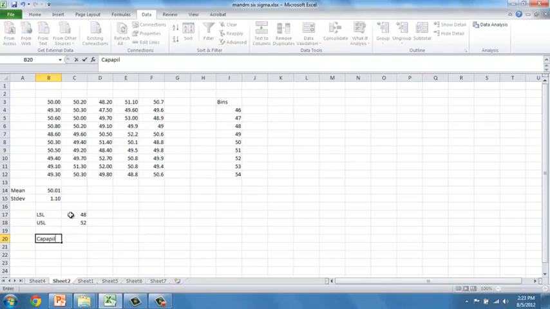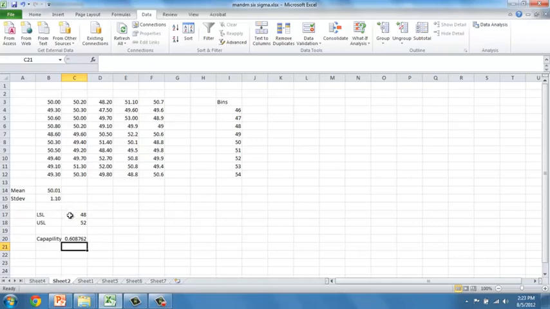The capability score, also known as the CP score, looks at the ratio between the width of the specification level relative to 6 times the standard deviation in the process. This number here tells us the capability of the process.